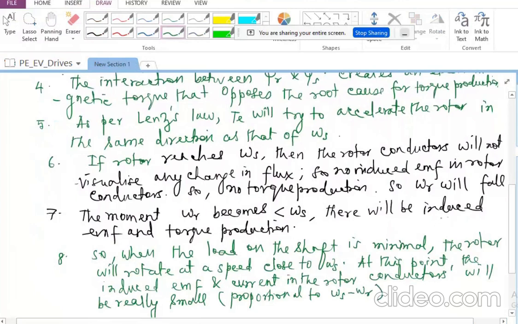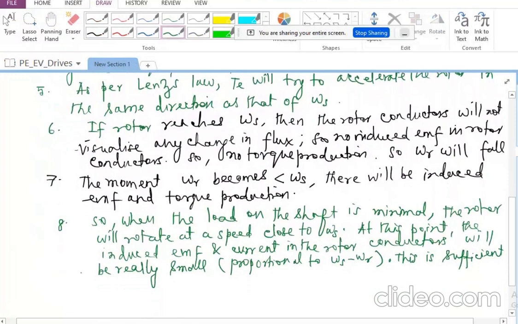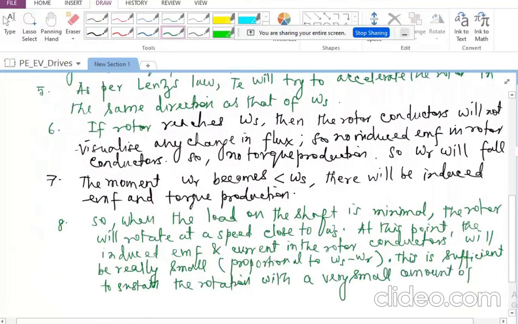So the current and torque will be very, very small because omega s minus omega r is small, and this is sufficient to sustain the rotation, with a very small amount of electromagnetic torque.